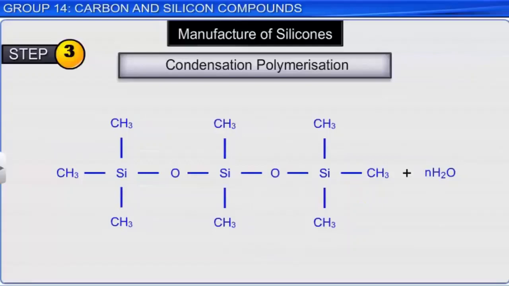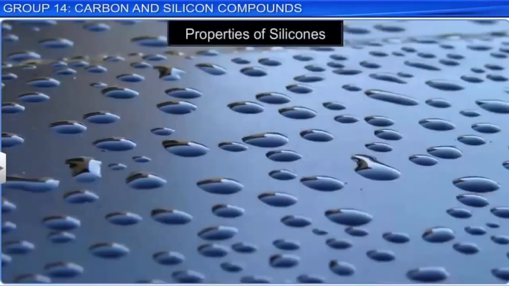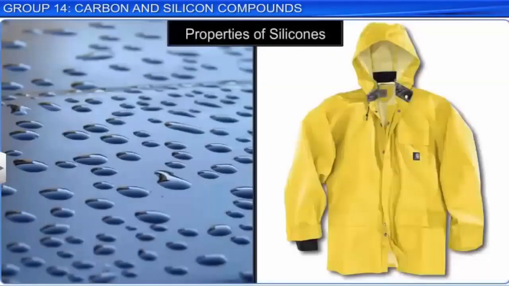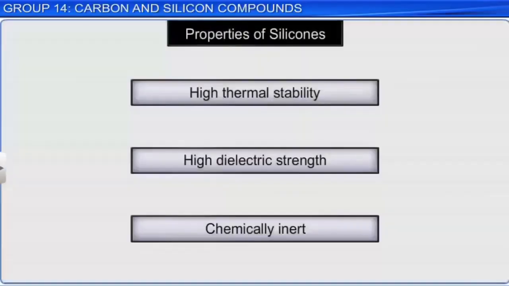Silicones are water-repelling in nature due to the repetition of non-polar alkyl groups along the chain. This makes them useful for waterproofing fabrics. Silicones generally have high thermal stabilities, meaning that they are stable in high temperatures.